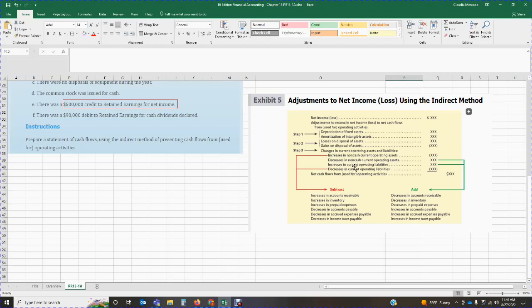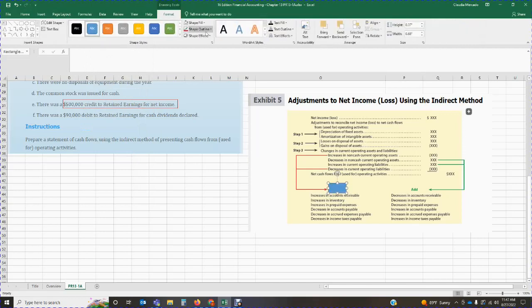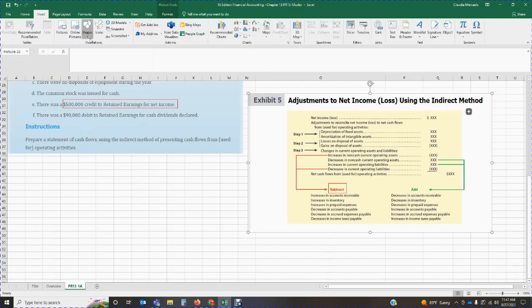Do we have any increases or decreases in current operating liabilities? Depending on what we have is whether we're going to subtract or add. So we need to be very careful here. Depending on what happens will dictate whether we have to subtract or add.